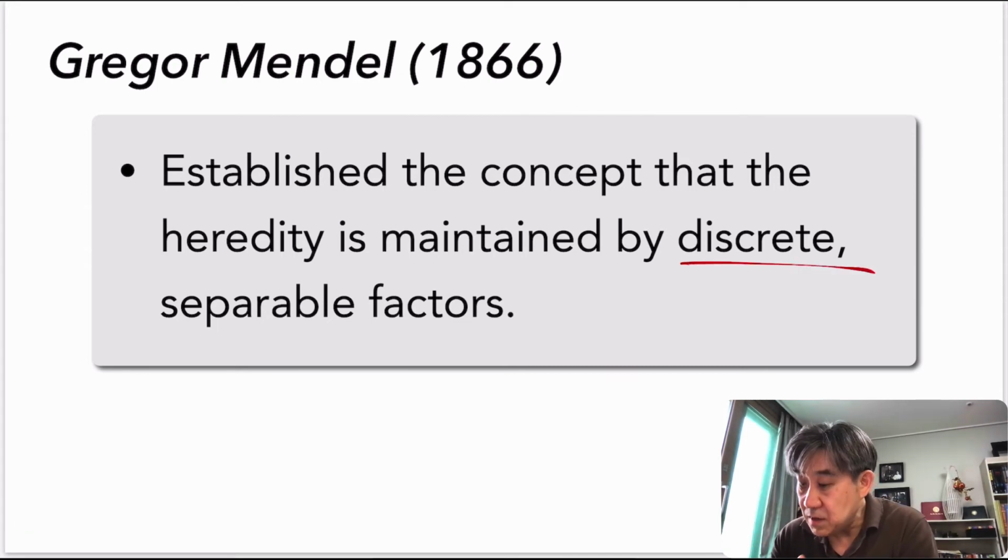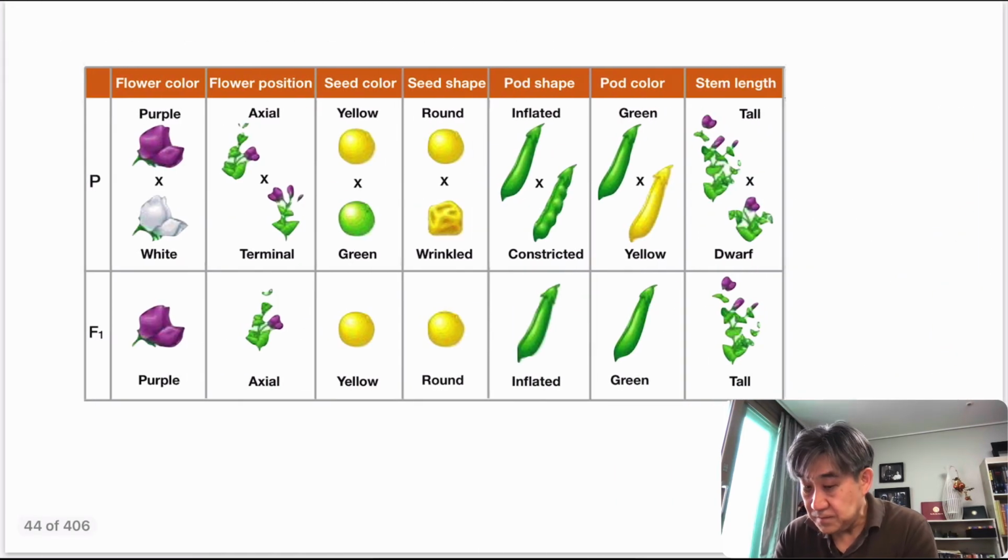He established this concept of genetics: a separable, unique, discrete factor as a gene. His experiment involved the garden pea, whose scientific name is Pisum sativum.